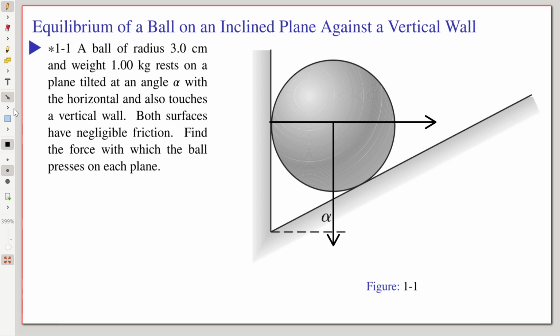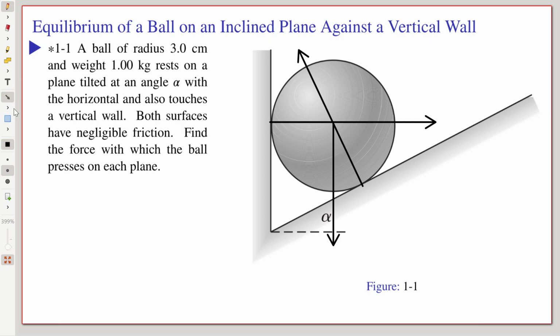The wall force could be stated as a normal force too, but we will call it the wall force for simplicity's sake. Now the inclined plane also exerts a normal force, which is always perpendicular to the surface. So if we draw it in this way, something like this, it's somewhat tilted, as you could see.